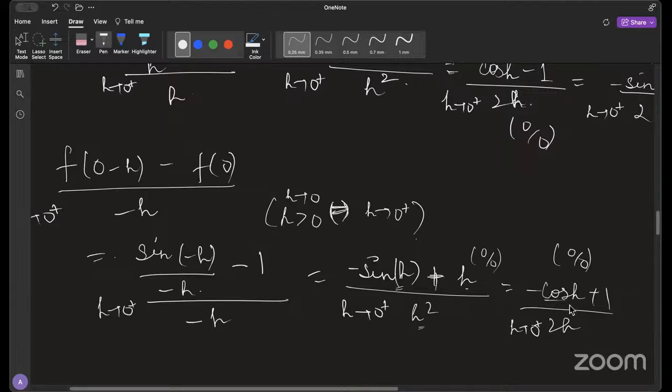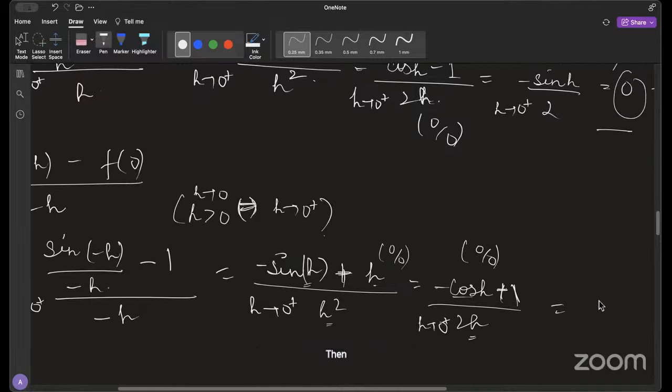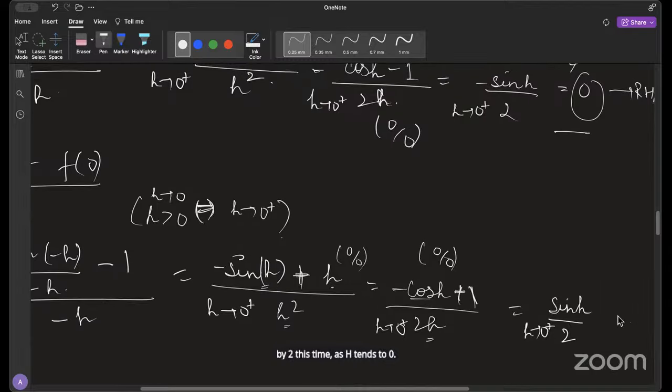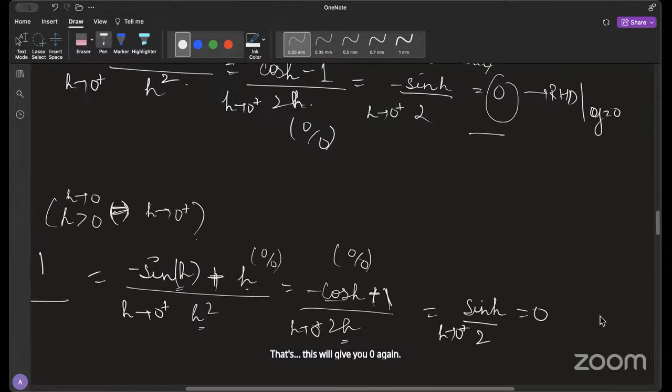When h tends to 0, cos h tends to 1. So this will give you minus 1. You have a plus 1 here. This entire thing will give you 0, and then this will also give you 0. Then you will apply L'Hopital's rule again. So you'll get sin h by 2 this time as h tends to 0 plus. So this will give you 0 again.